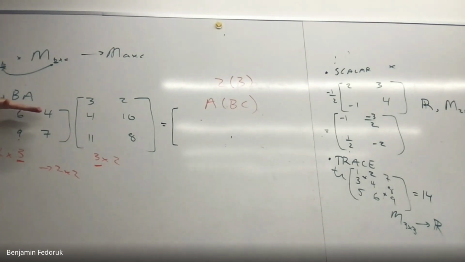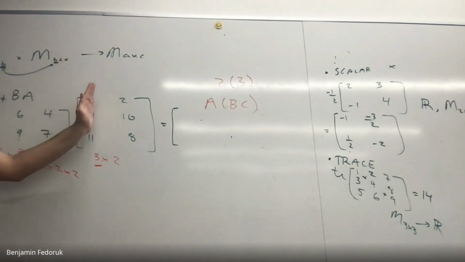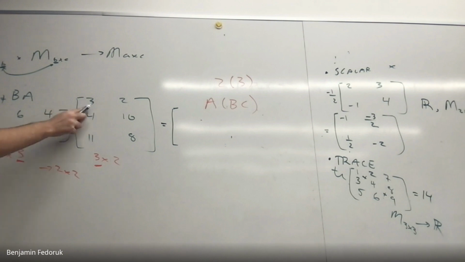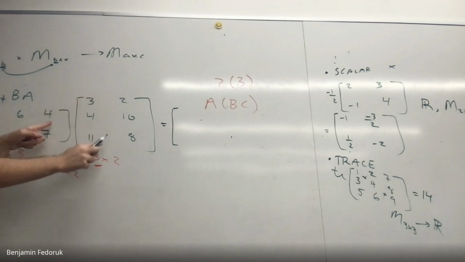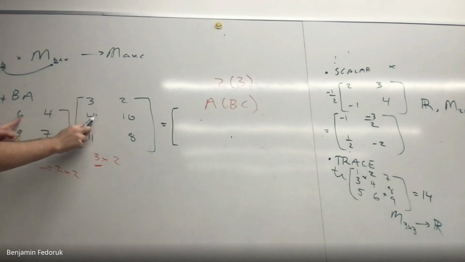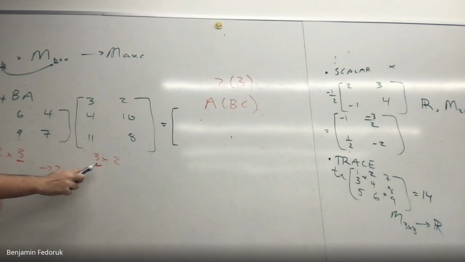So you have a row with 3 numbers, and a column that also has 3 numbers, right? What we're doing is multiplying the first with the first, the second with the second, the third with the third. Does that make sense? We're multiplying as you go down, because they're going to be the same size. They have to be, right? That's what we checked.